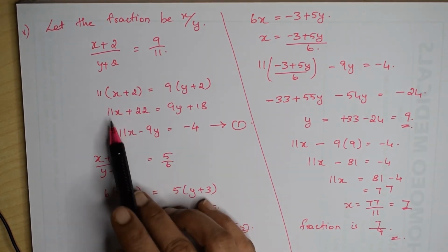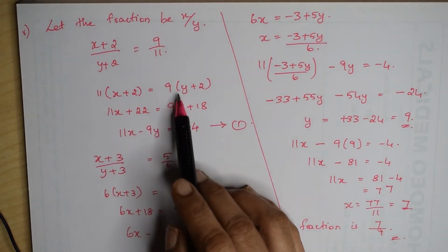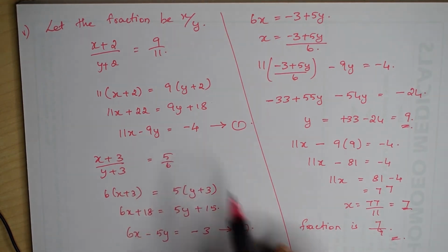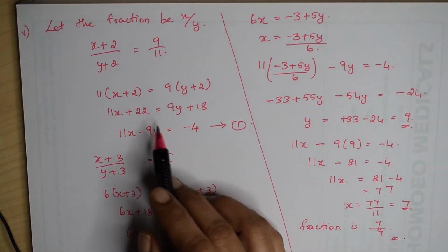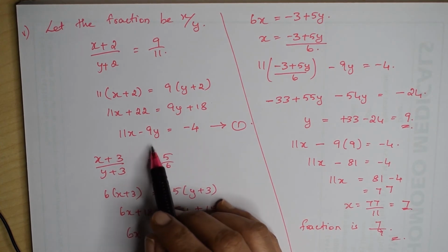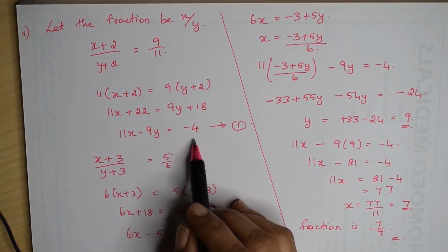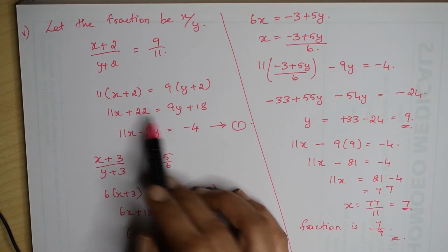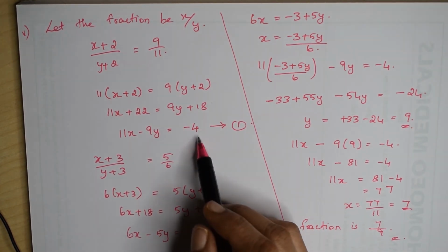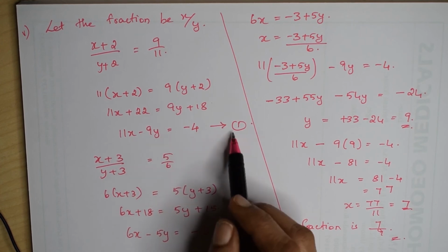So I bring the 11 inside, 11x plus 22 is equal to 9y plus 18, and I bring x and y to the left hand side and the numbers to the right hand side, and the equation becomes 11x minus 9y is equal to minus 22 plus 18, which is minus 4, and this makes the first equation.